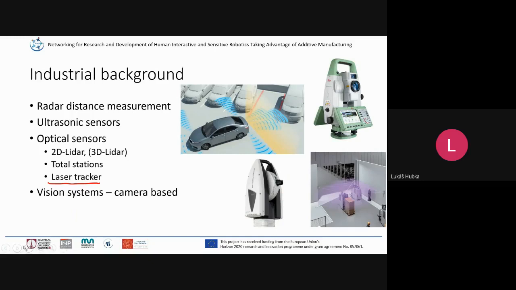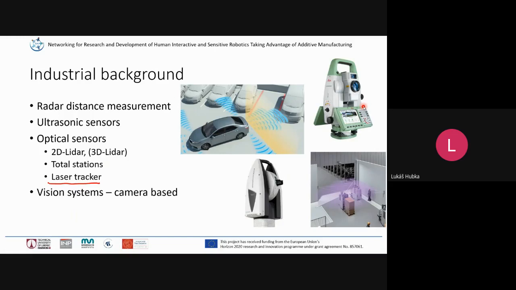The solution which is close to this laser tracker is the total station. Total station is a complex sensor. Here we have one on the screen in the picture, which is used by geodesists.